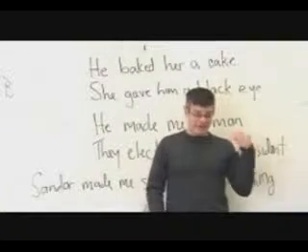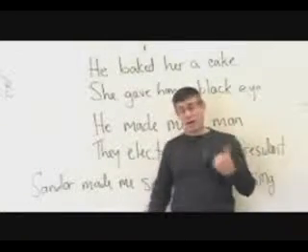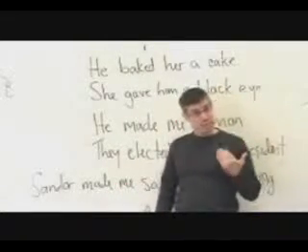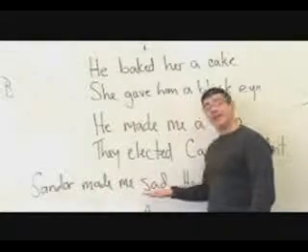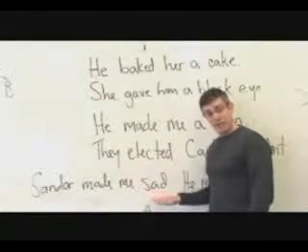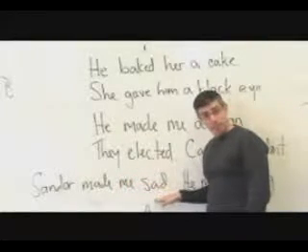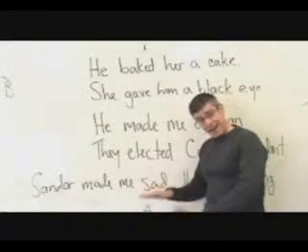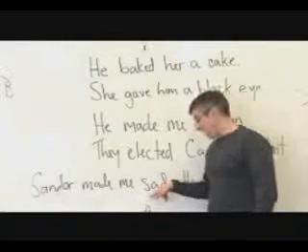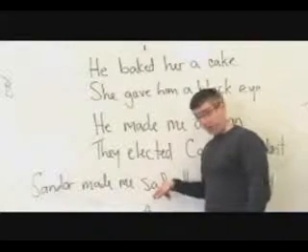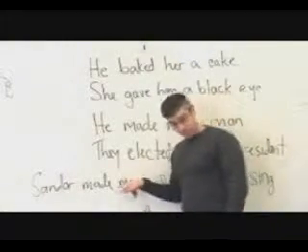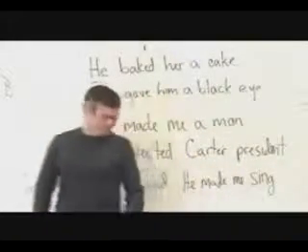President, in the elected Carter president, that's a noun. That's a nominal objective complement. Here we have an adjective as the objective complement. Sandor made me sad. He didn't just make me flat out, he made me sad. Sad is the one-word objective complement. Me is the direct object.